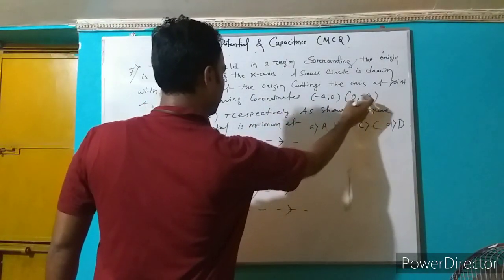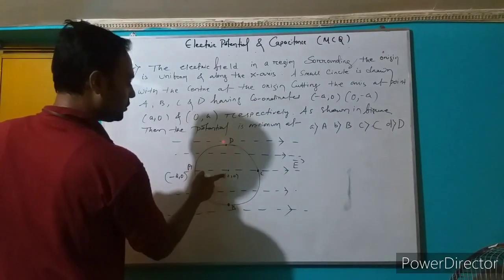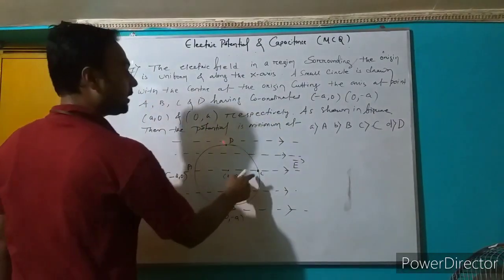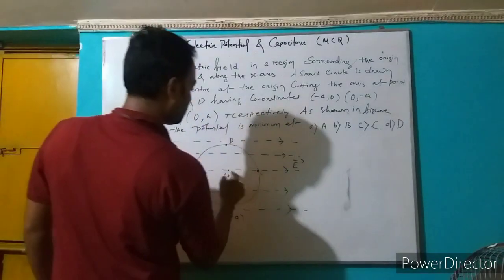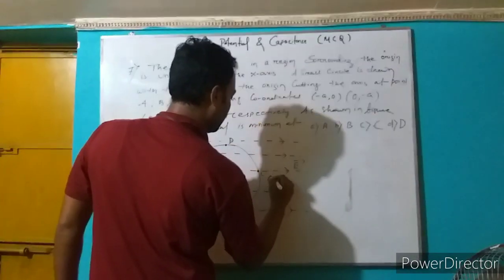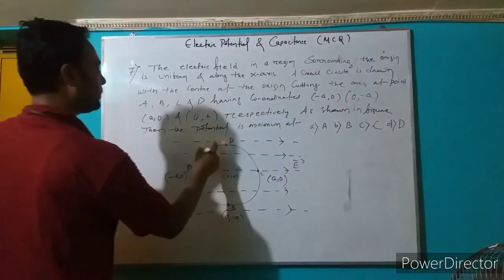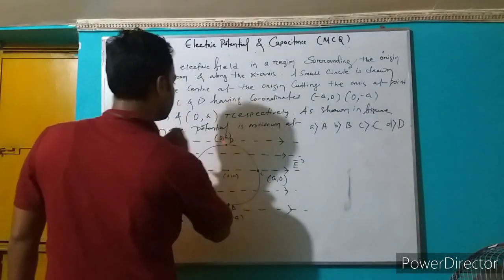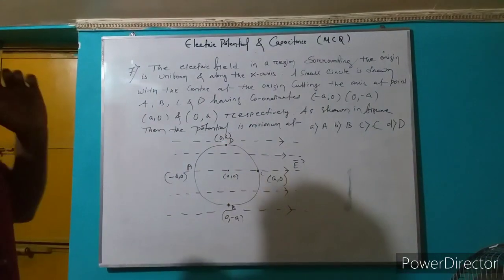And this one is 0 comma minus a, and that represents a comma 0, and that represents 0 comma a, respectively as shown in figure.